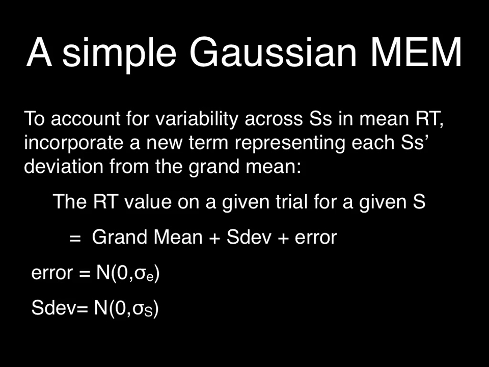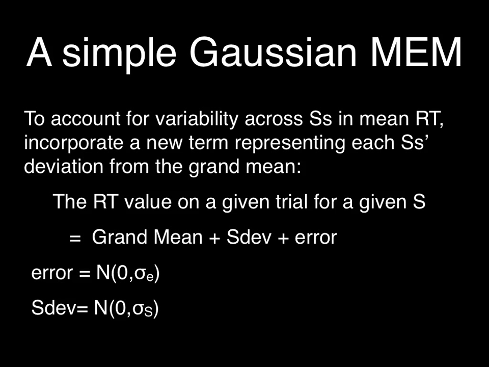Now, in the context of mixed effects modeling, we say the subject deviations are actually captured by yet another Gaussian distribution, again with a mean of 0, but now a standard deviation of sigma s. This differs from ANOVA in the sense that ANOVA will typically not model the subject deviations from the grand mean.